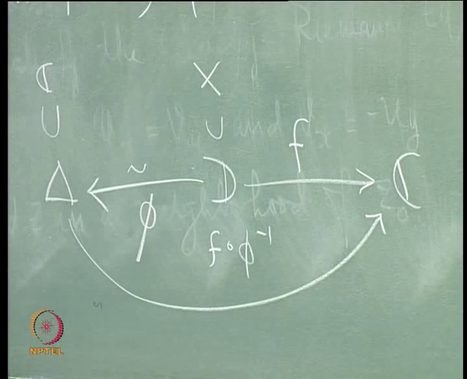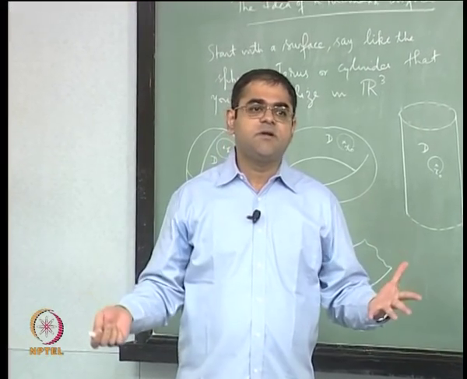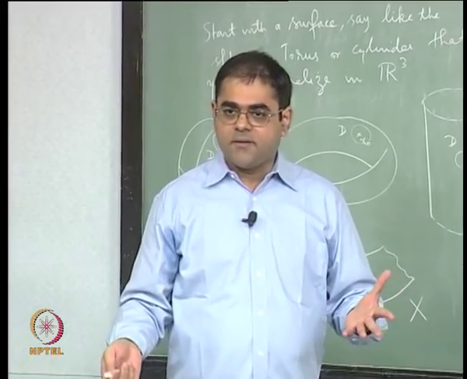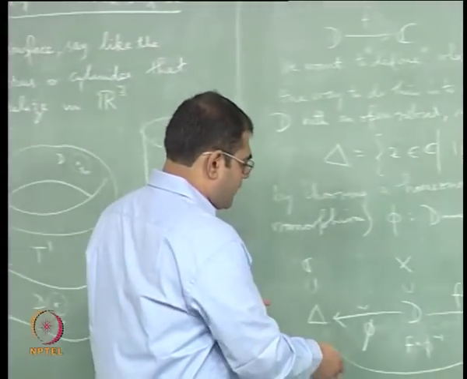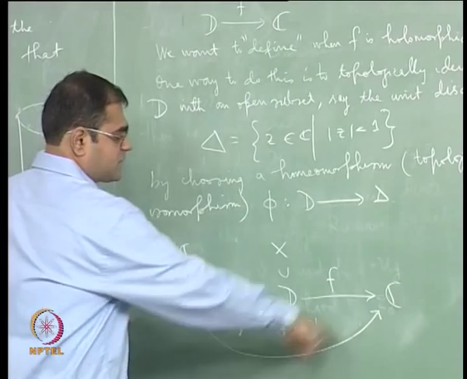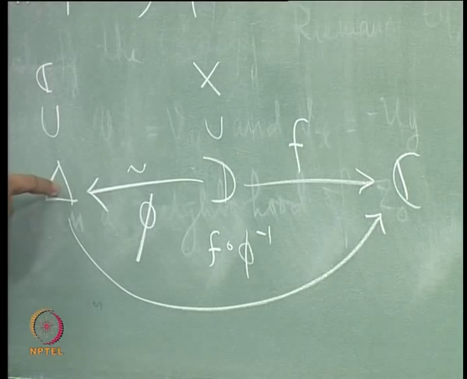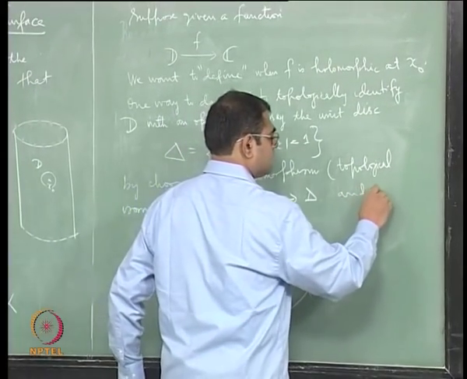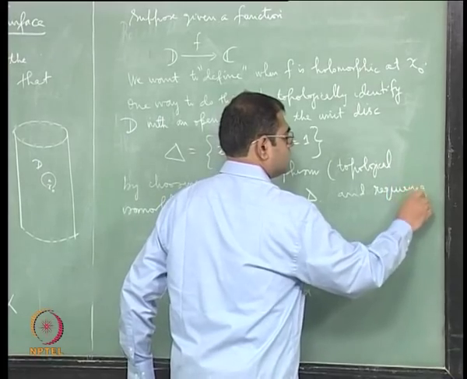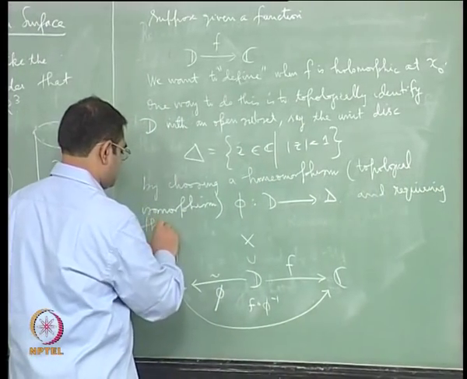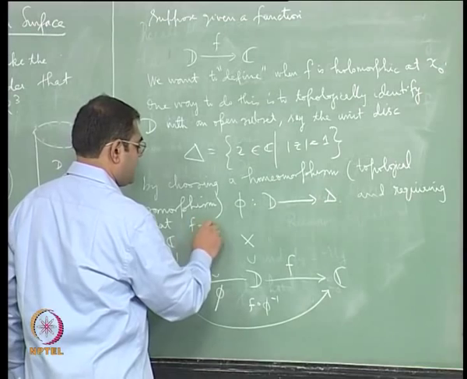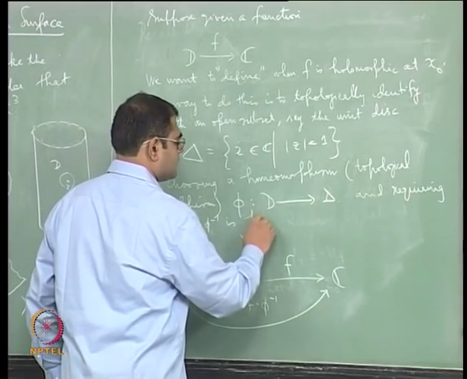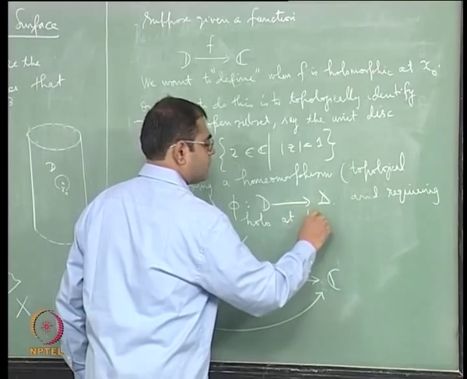So it is a function from an open subset of the complex plane taking complex values, and for such a function it is very easy to define when it is holomorphic at a point. What I do is require that this function is holomorphic at the point which is the image of the point x0, that is, requiring that f circle phi inverse is holomorphic at phi of x0.